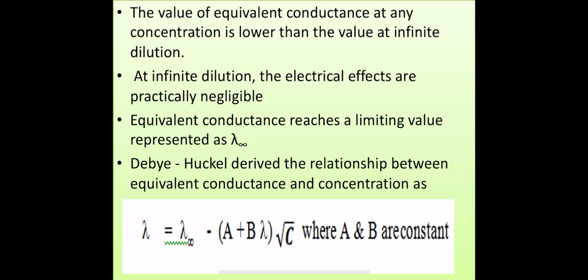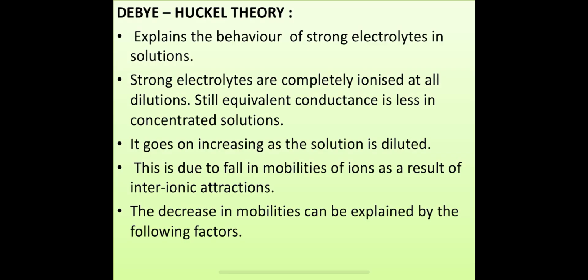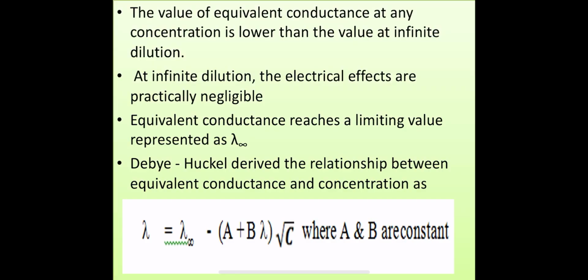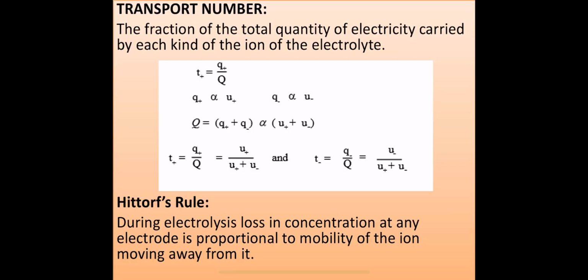We are going to neglect the practical differences which we can observe in the movement of the ions, and by taking the equivalent conductance at infinite dilution we can find out the actual equivalent conductance of a given unknown solution. So this is how Debye-Huckel theory explains how to find the equivalent conductance.